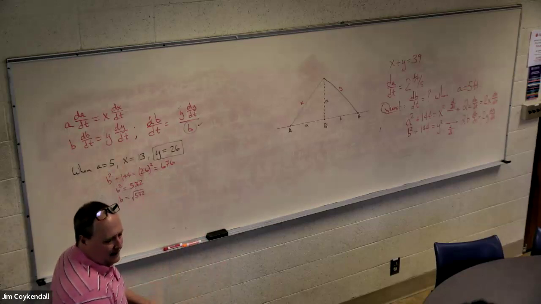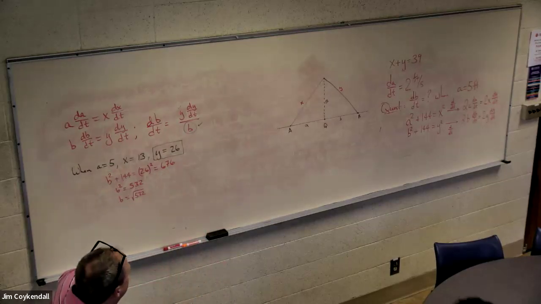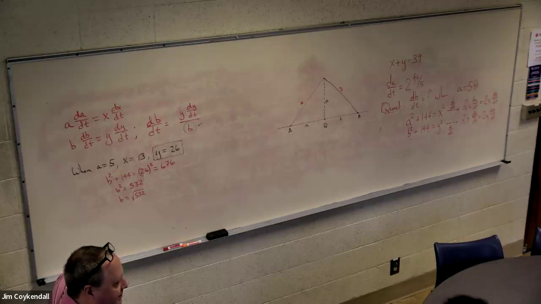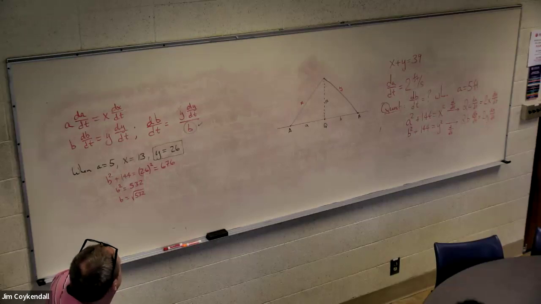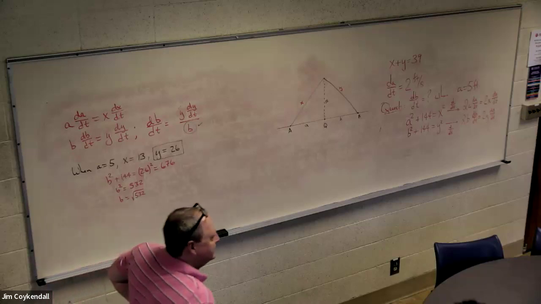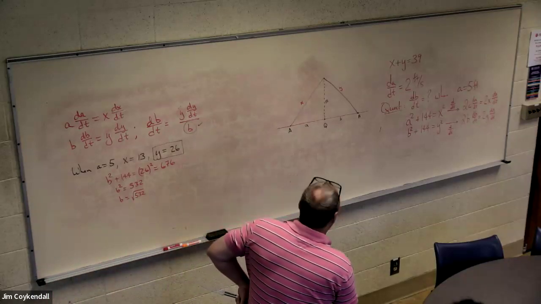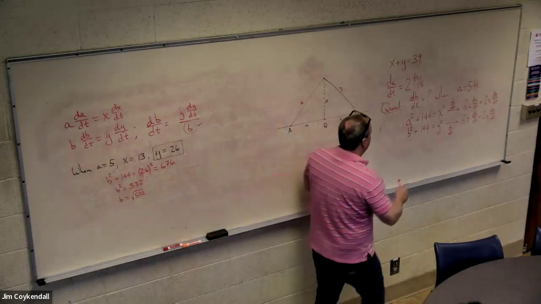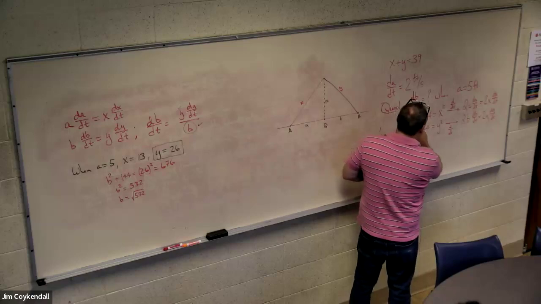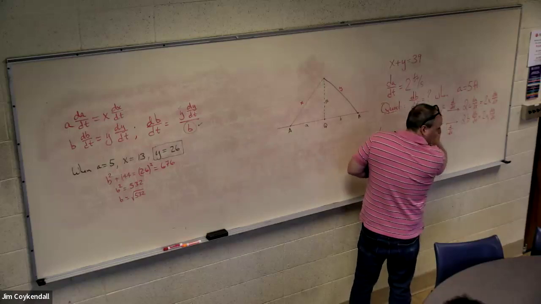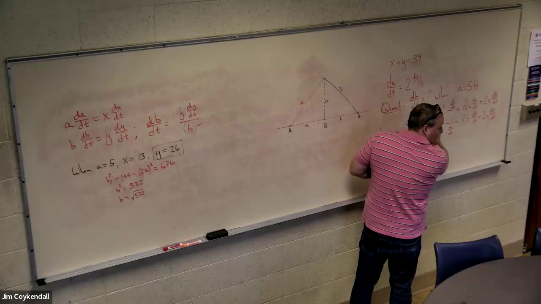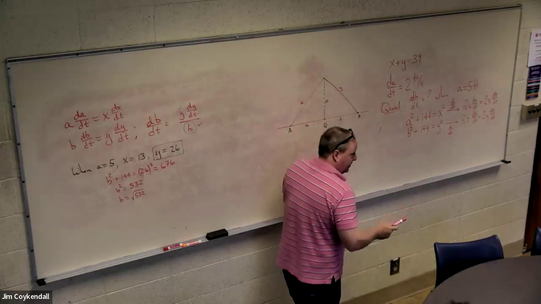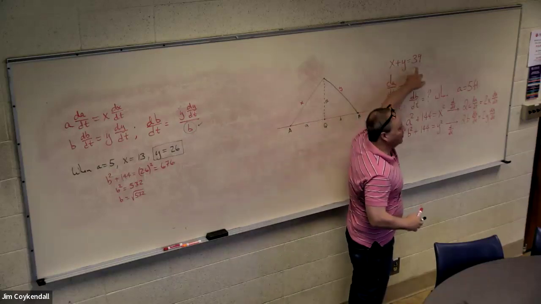Well, what about dy/dt? Pythagorean theorem, because if A is 5, then x squared is 169. So that means that x is 13. You okay with that part? And once I know that x is 13, then I know what y is.